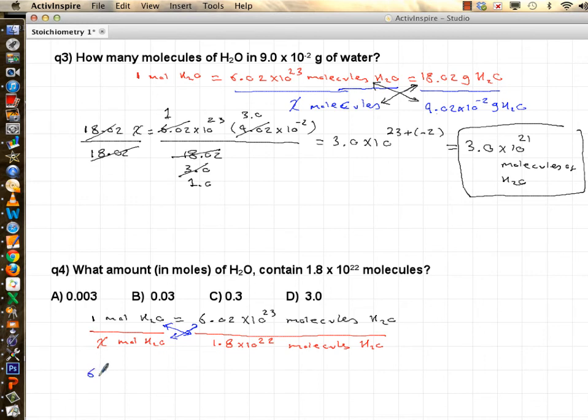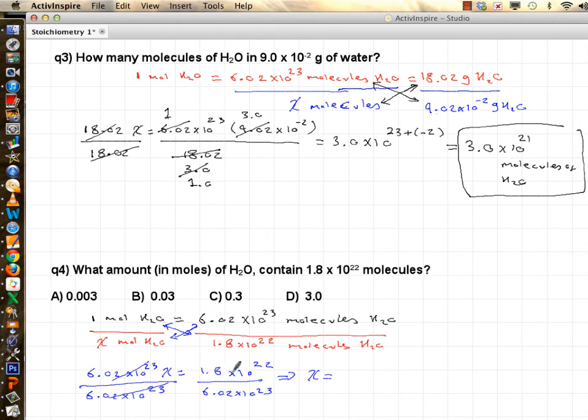So 6.02 times 10 to the power 23 x is equal to 1.8 times 10 to the power 22. Divide both sides of the equality by 6.02 times 10 to the power 23. They go away, so finally you have your x.